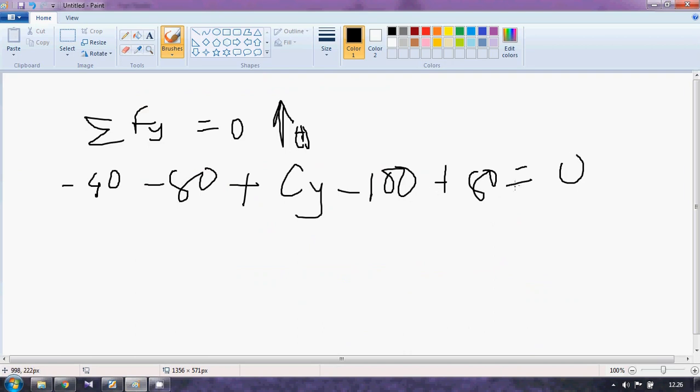So these 80, these 80 will cancel out, and minus 100 and minus 40, it means Cy equals to 140 kilonewton.